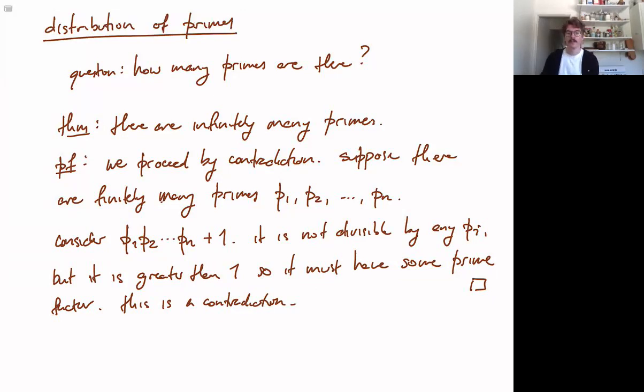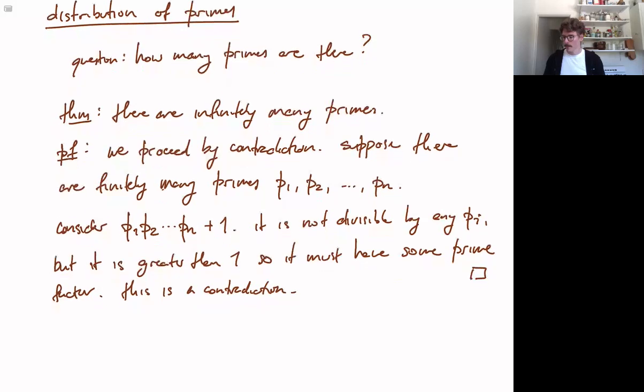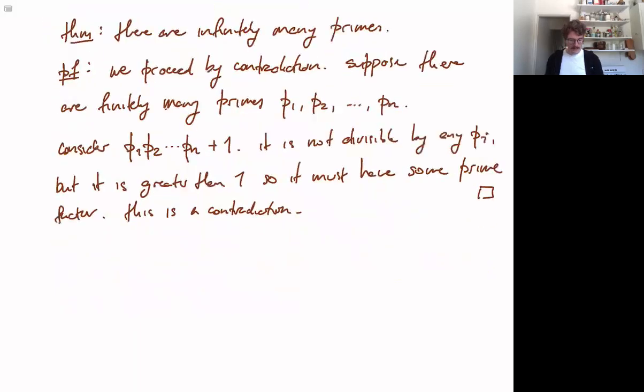So there is the first answer to our question, how many primes are there? The answer is there are infinitely many. But we can refine our question a little bit by asking what percentage of numbers are prime, or what proportion.